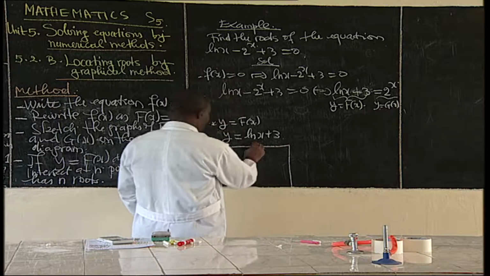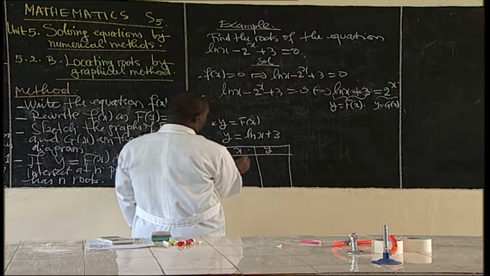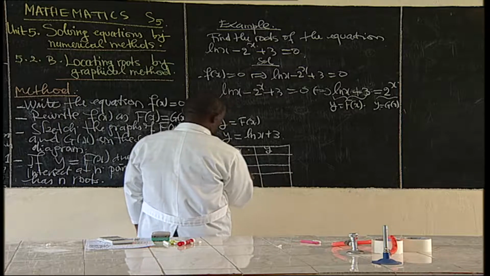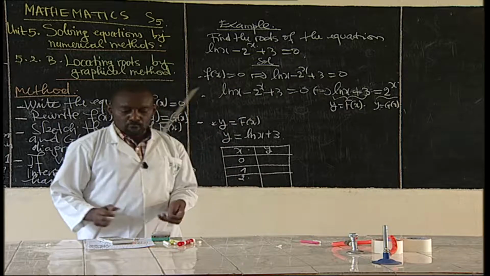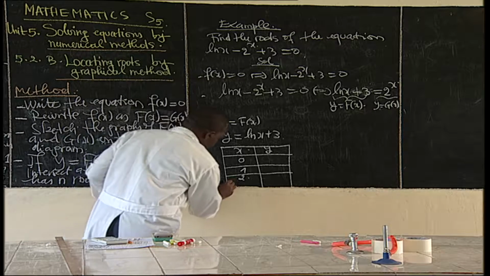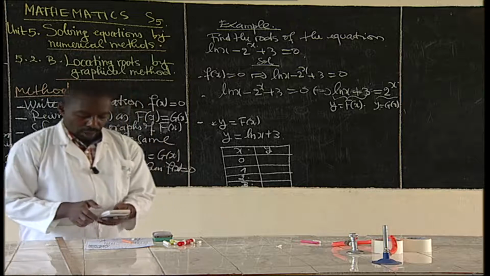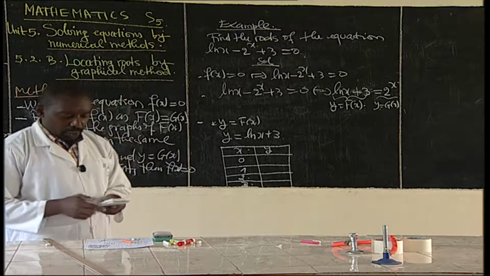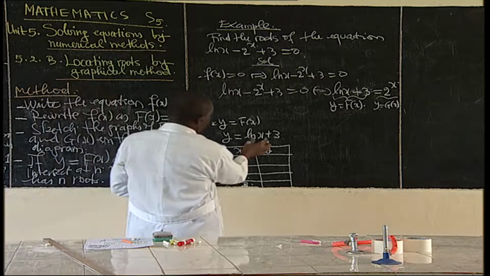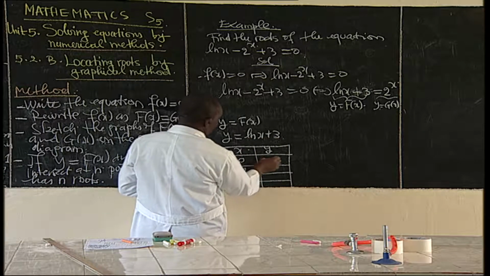Get your calculators, work together for different values of x and y: 0, 1, 2. Please get your calculators. You can even add the 3. For x equal to 0, we know ln of x is negative infinity. Negative infinity plus 3 is still negative infinity, right?